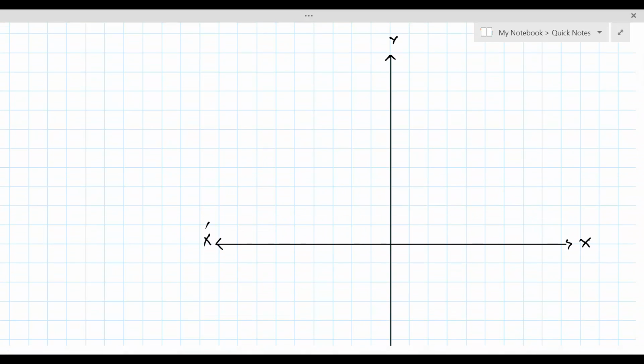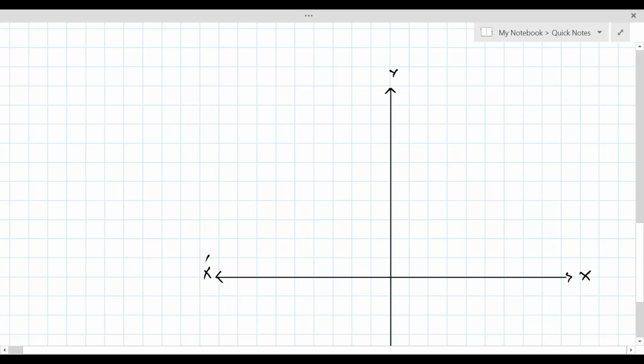The first point that we need to plot is minus 3, 9. So we go minus 3 toward left, minus 1, minus 2, minus 3, and then 1, 2, 3, 4, 5, 6, 7, 8, and 9. That's where we end up for the point minus 3, 9.